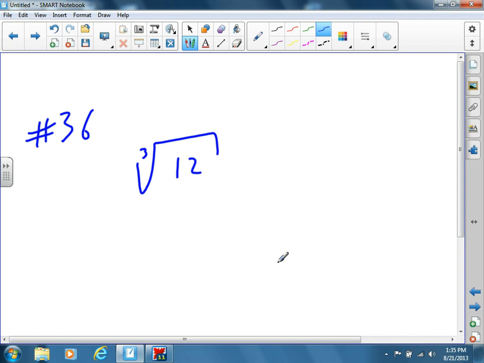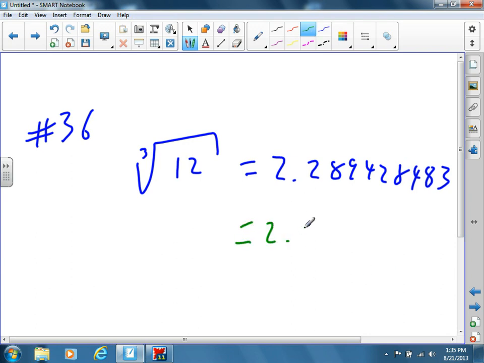Clear. 12 raised to the 1/3, and this time I'm using parentheses. My calculator says 2.289428483, and the problem says I want 3 significant digits: 2.29. Final answer.